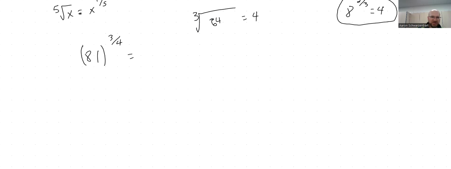So to convert this is an exponential form. It has something to an exponent. It's called a rational exponent. Rational is a ratio of two numbers, aka a fraction. So rational means fractions.